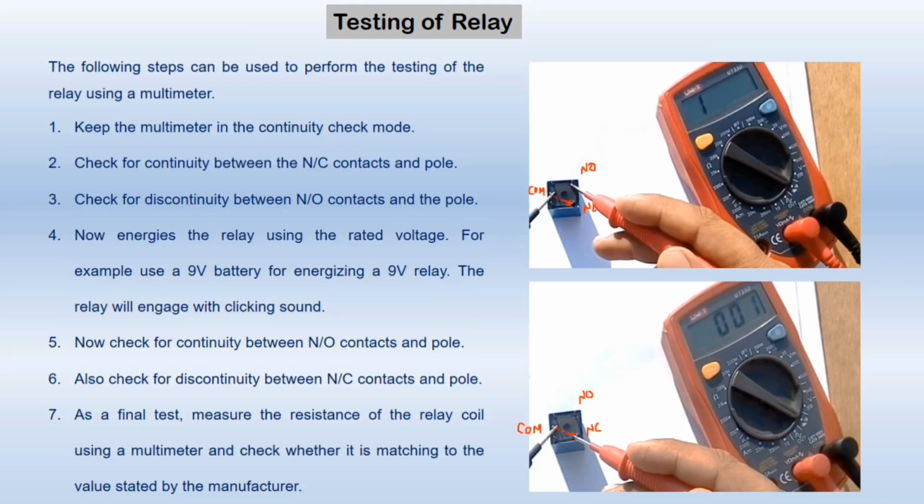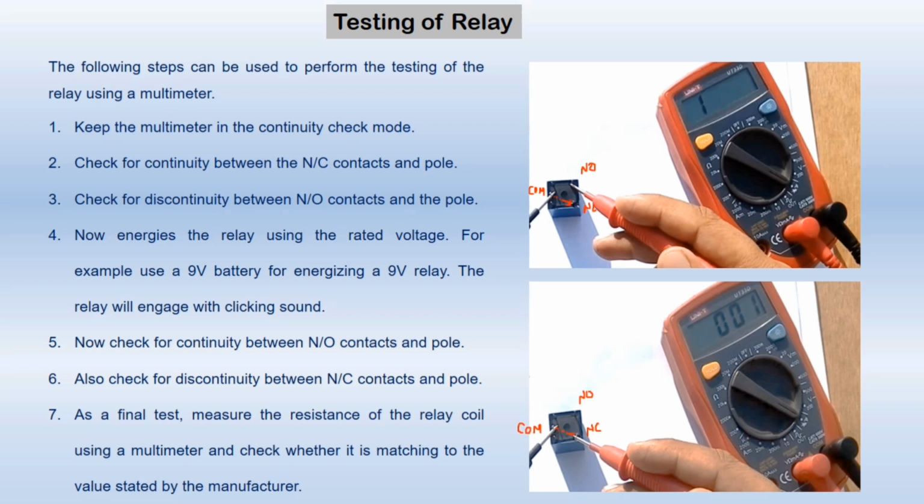Testing of relay. In this slide we will see how we can test a relay. As you can see in this picture, this relay is in the off state. It is not connected to any DC power source. To check it, we will connect the red probe to the normally open contact and the black probe to the common terminal.